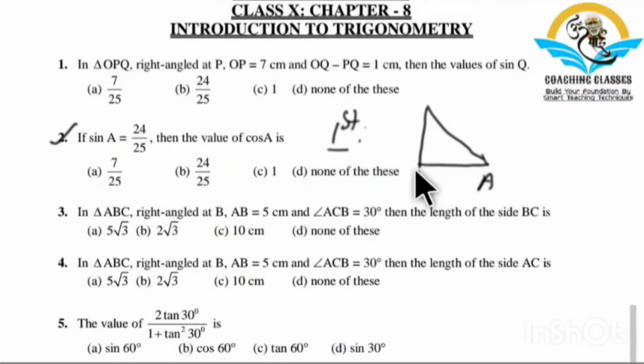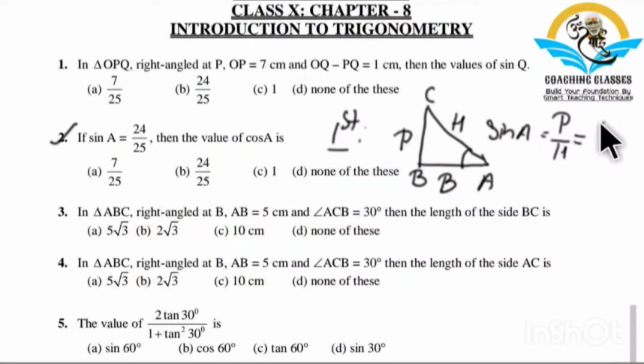A, B, C. You know that sin A equal to P by H. This is your hypotenuse, this is base, and this is perpendicular. This is given as 24 upon 25. That means hypotenuse is 25 and perpendicular is 24. By Pythagoras theorem you have to calculate base.